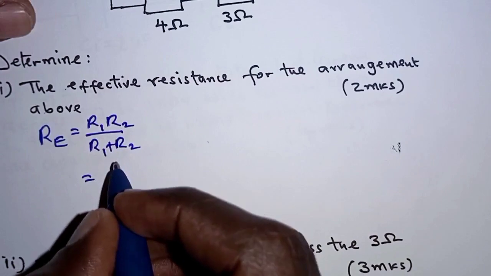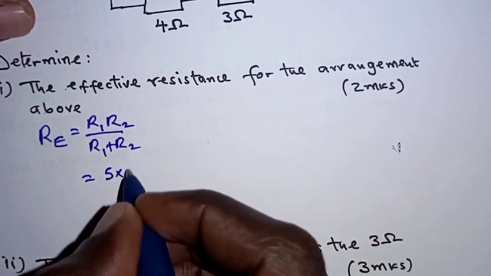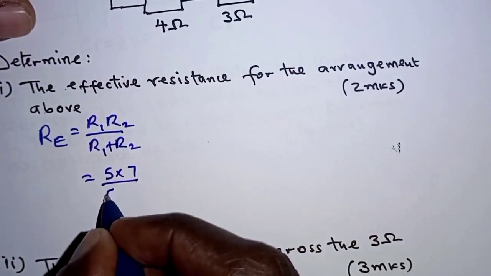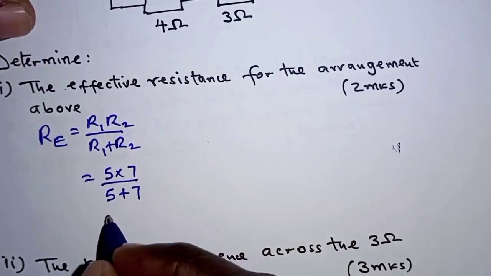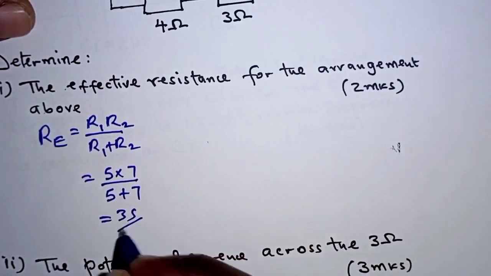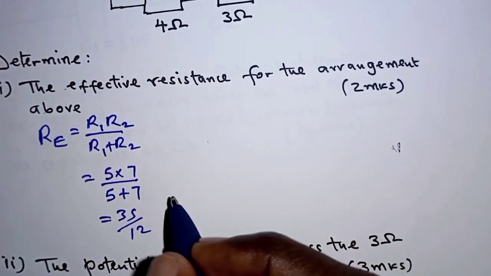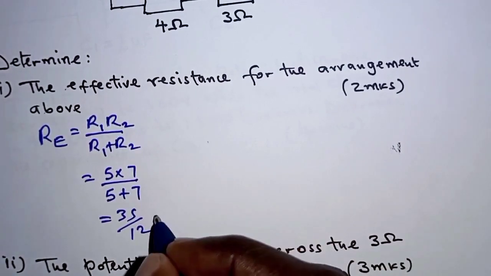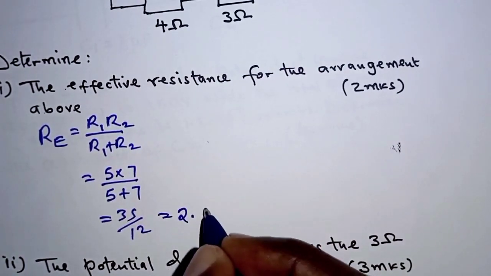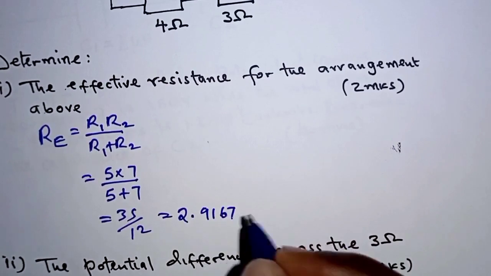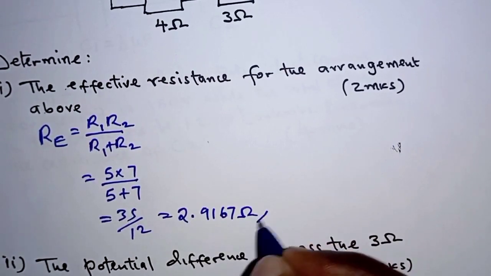So we are going to have 5 times 7 over 5 plus 7. And this is 35 all over 12. 35 over 12 is 2.9167 ohms.